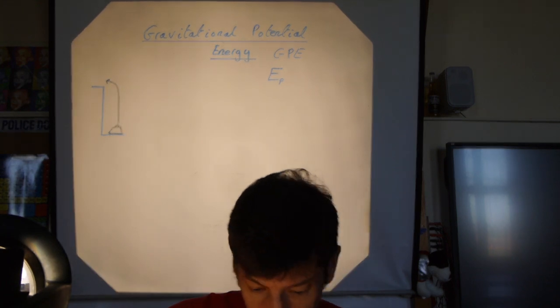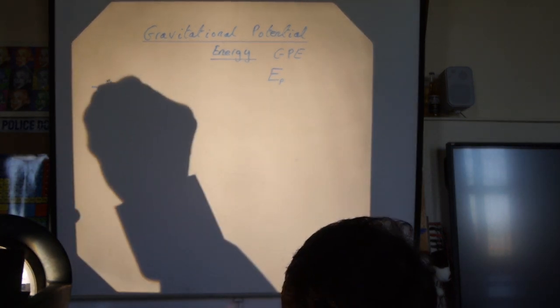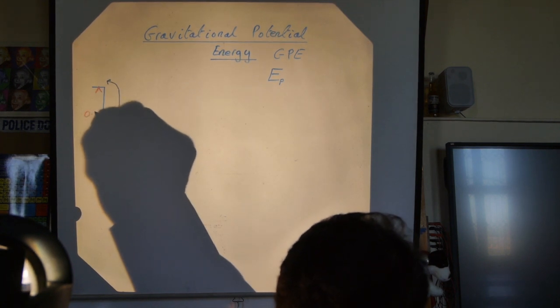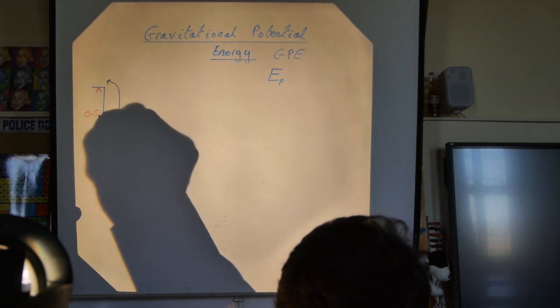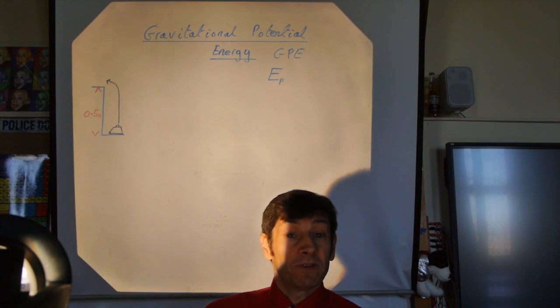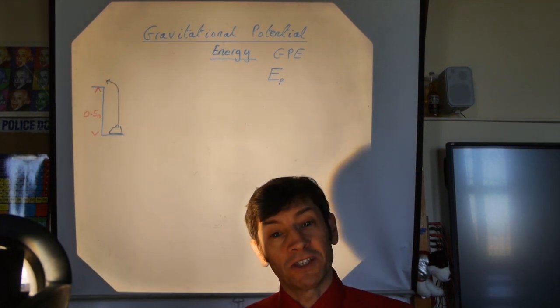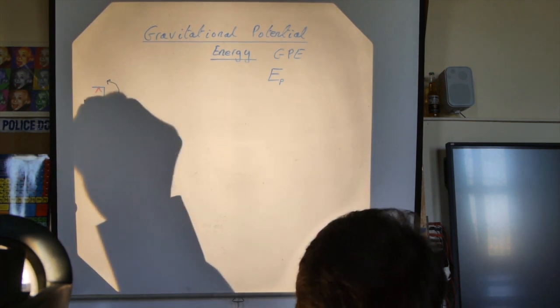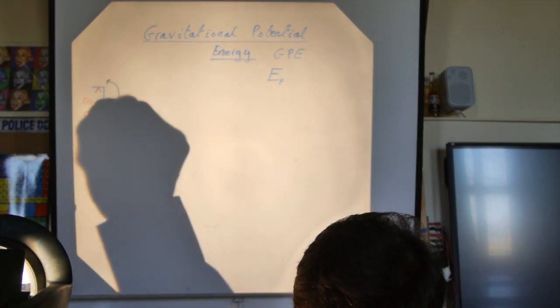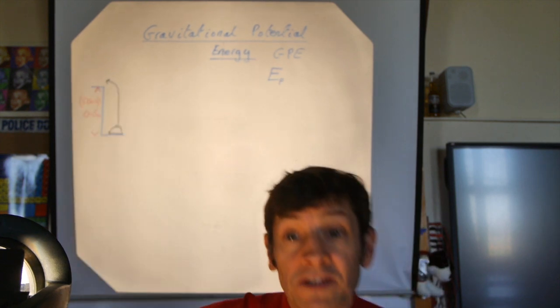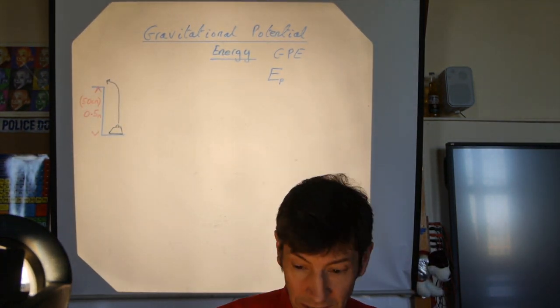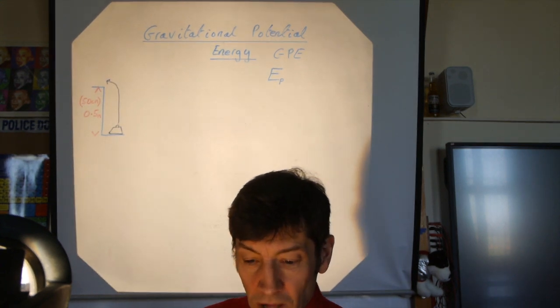So let's make this height 0.5 meters. I purposefully did that in meters because in the exam they might give 50 centimeters, but we don't work in centimeters in physics, we work in meters, and the equations work in meters. So we've got a vertical height.